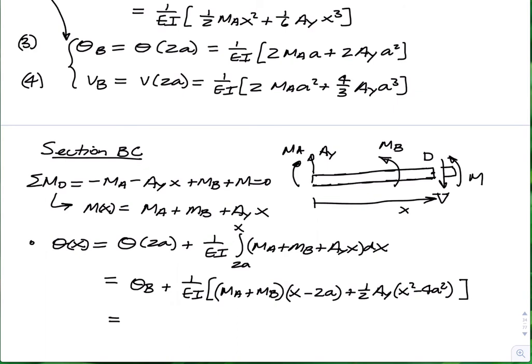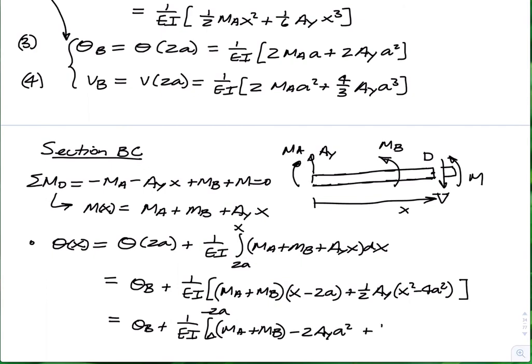So if I combine my terms together, I get theta b here, 1 over EI. The constant terms are going to be MA plus MB times a minus 2a there. And then we will have another constant term there of minus 2AYA squared.